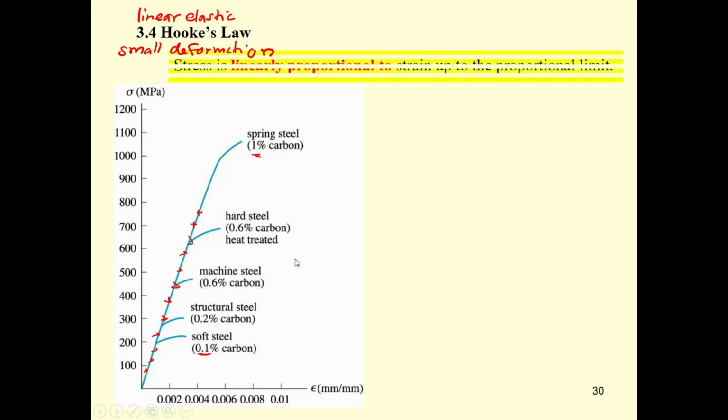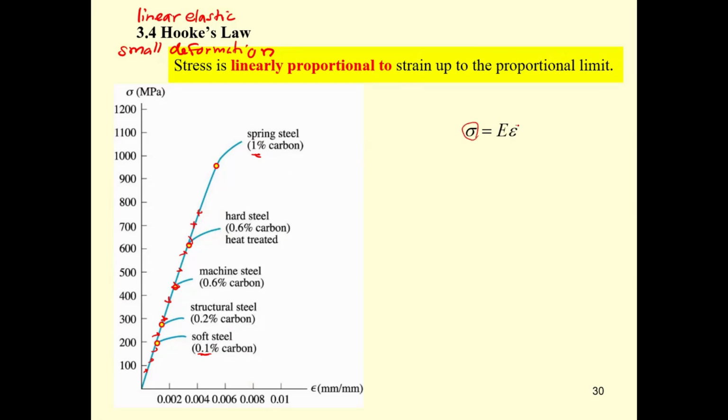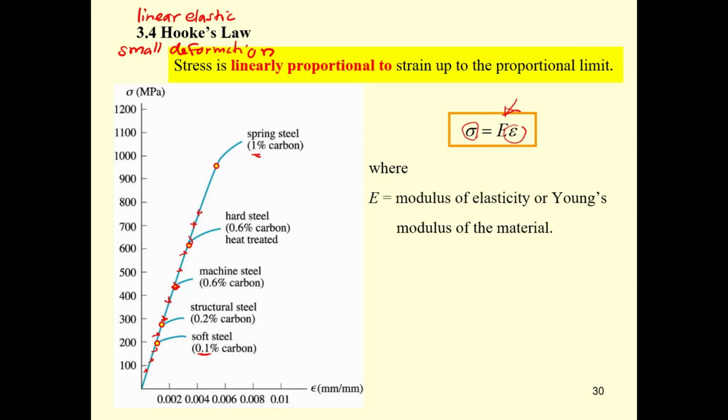Then we may say the stress is linearly proportional to the strain up to the proportional limit. The stress is linearly proportional to the strain by the E, the modulus of elasticity or Young's modulus.